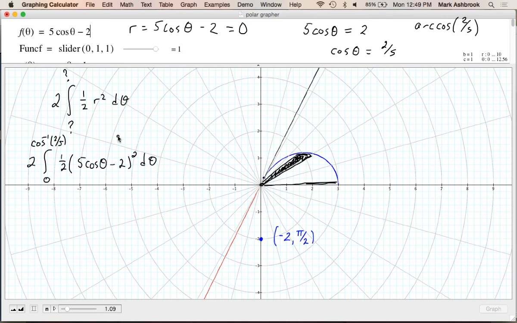So what is the area of the inner loop? The total area of the inner loop. Yeah, so use symmetry when you can. We're doing the area of the top half, and I'm just going to multiply by 2.